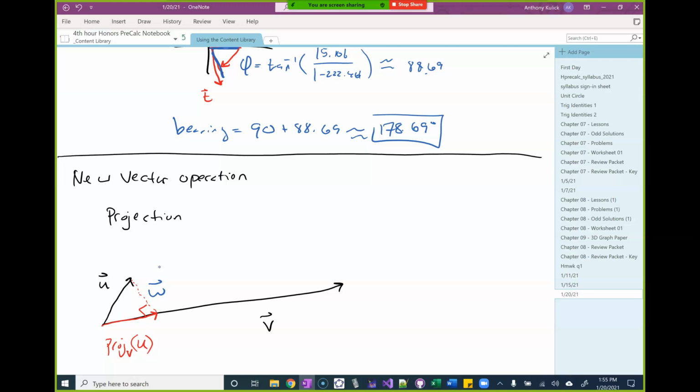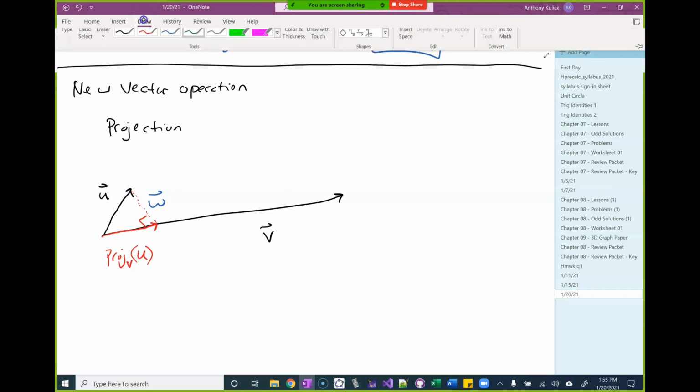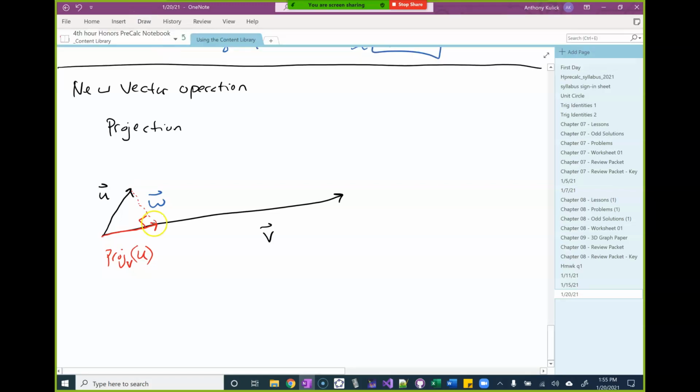Well, here's the big takeaway. If we talk about w as this vector here, w and the projection are orthogonal. What does that mean again? That they meet at a right angle.